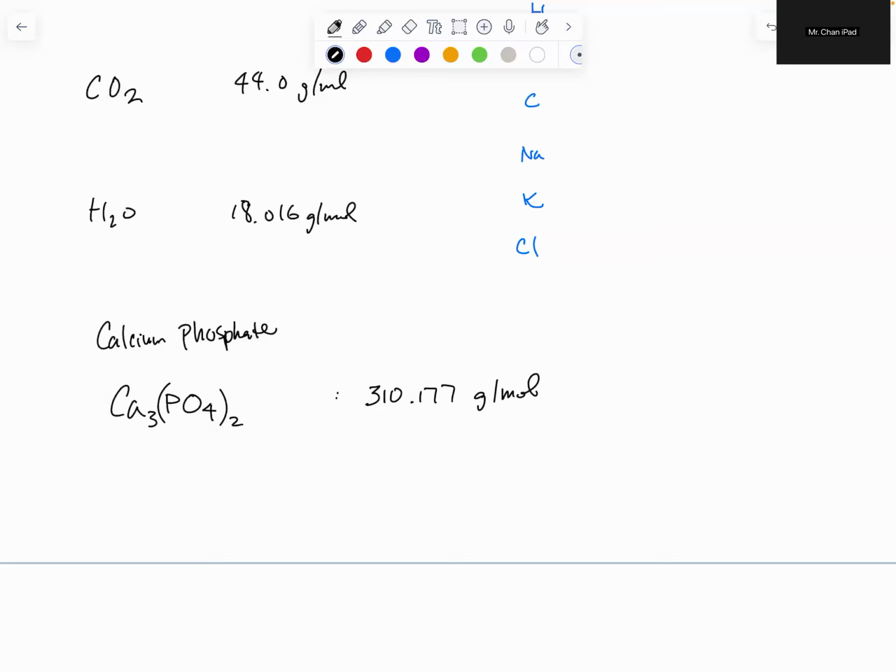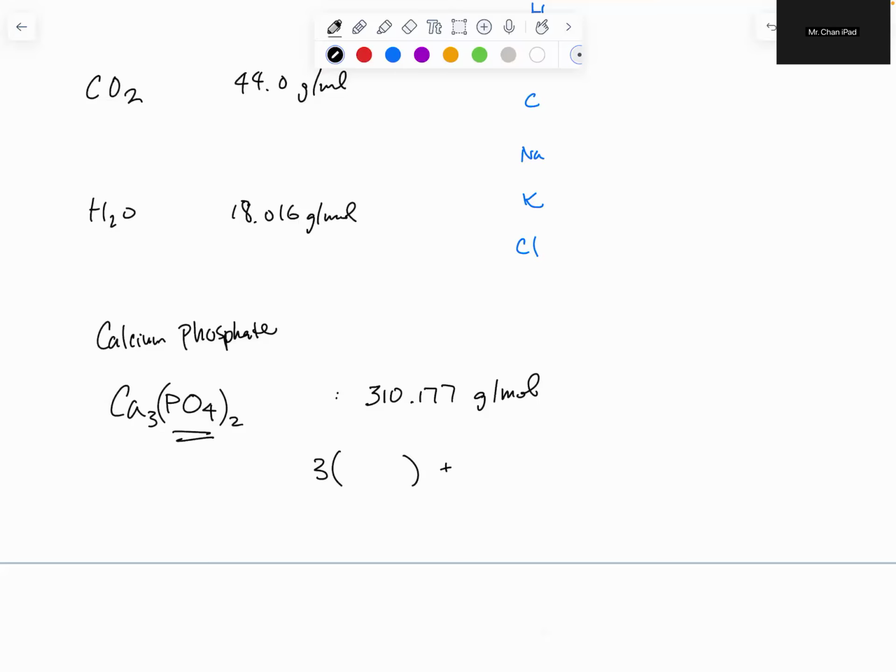The way I would do my computation would be like this. I would do 3 times the mass of calcium, which is 40 point something, plus, now, there are 2 ways you can approach this. You can either find the molar mass of phosphate first and then multiply by 2 and then add the calcium. I think that's more reliable because PO4 is definitely more complicated.